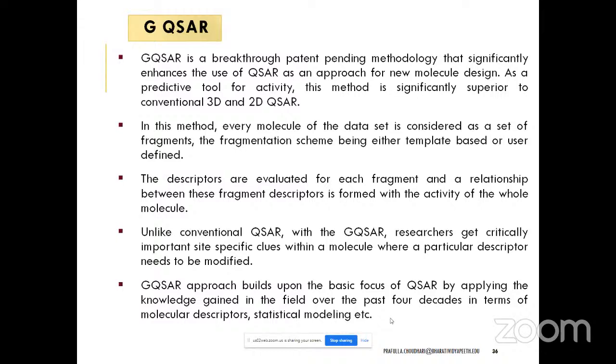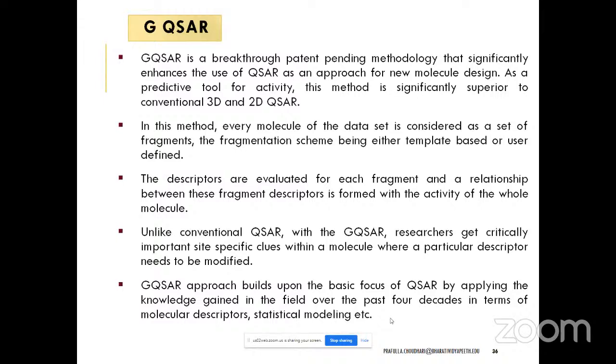Normally, when you have a generic series, we can easily identify where the common substitutions are. We can take that as a fragmenting origin, or template, and based on that we can distribute the molecule into a number of fragment sets. After that the descriptors are calculated with the normal conventional technology, and they are correlated.